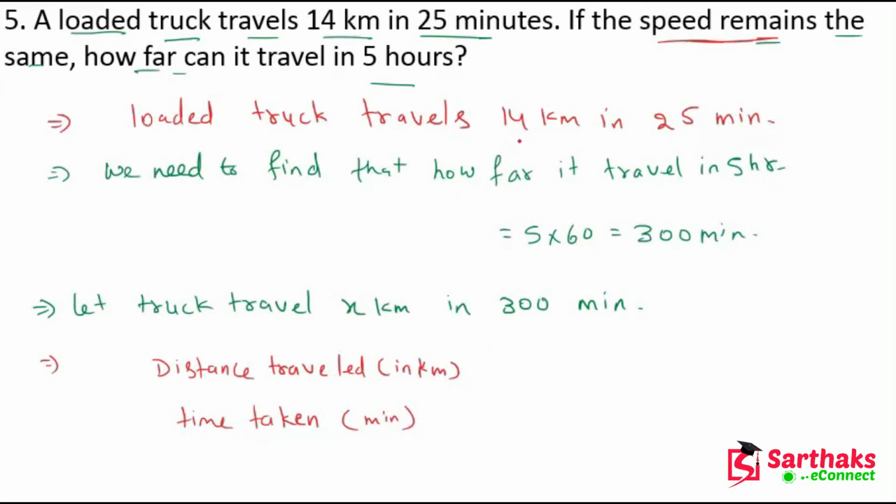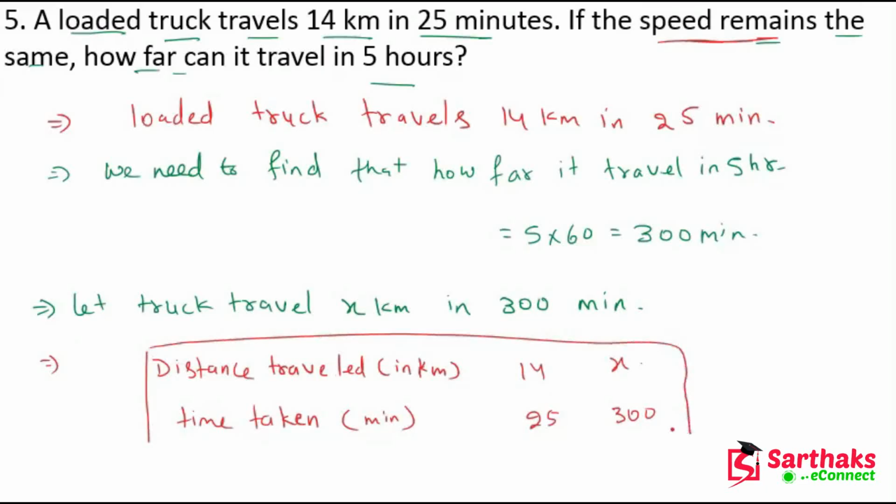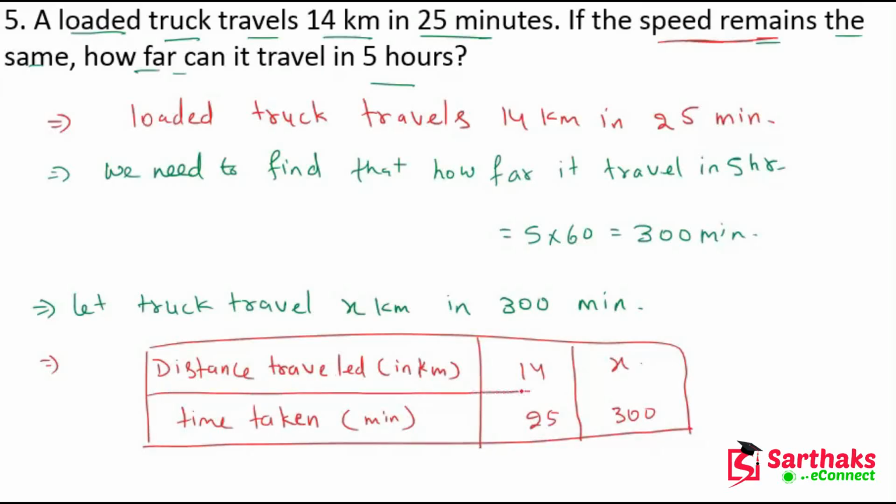If a truck travels 14 kilometer, then it takes 25 minutes. So in 300 minutes, we are supposing it travels x kilometer, and here we have to find the value of x. So how can we find it? Now here we know that it is saying in the question the speed remains the same.